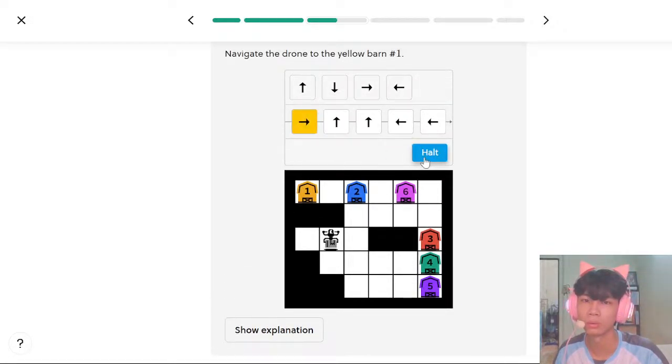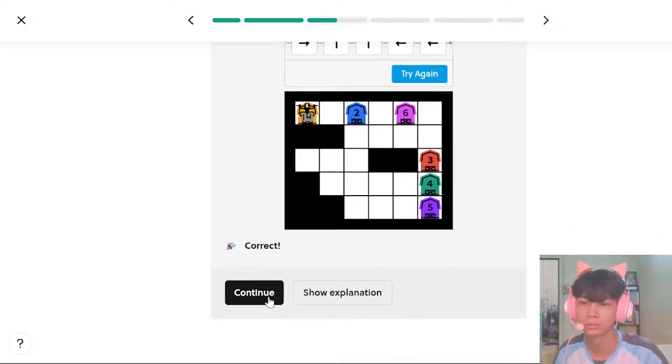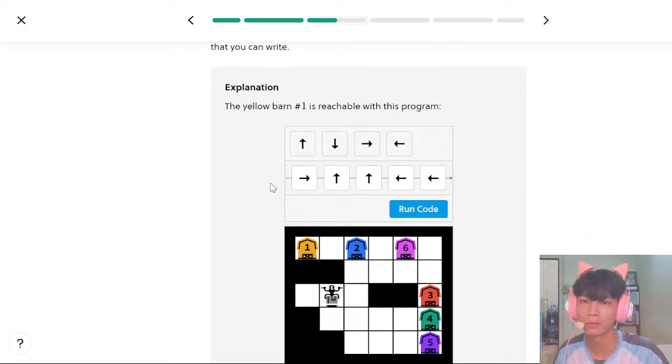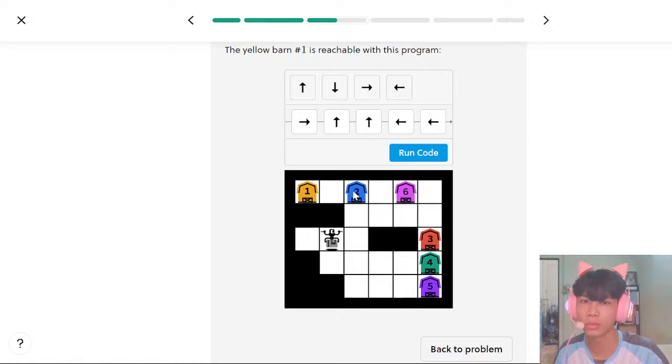Run code. It's super easy though. The yellow barn is reachable with this program.